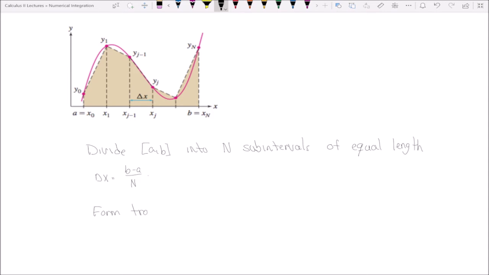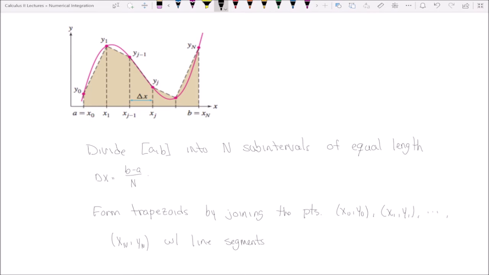We form the trapezoids by joining the points x naught, y naught, x1, y1, so on and so forth, up to xn, yn, with line segments, as shown in the figure above.